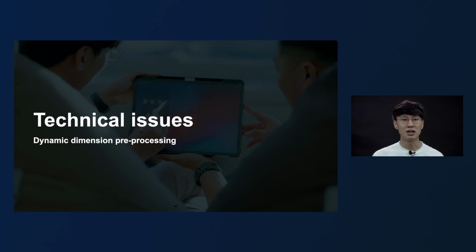So about dynamic dimension preprocessing. First of all, like most game platforms, many games are operated, and therefore there are many cases where the diverse characteristics of games have to be handled. I'm going to introduce 2 cases with issues related to dimension and their solutions.